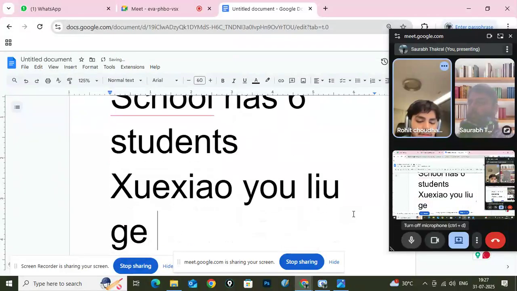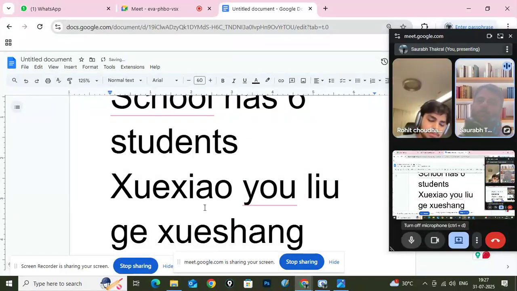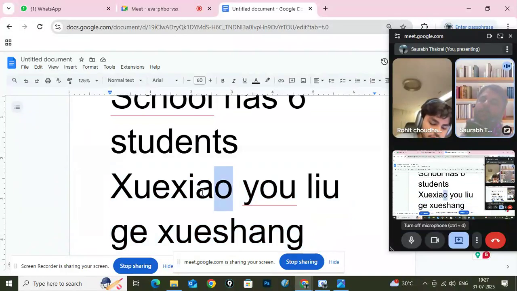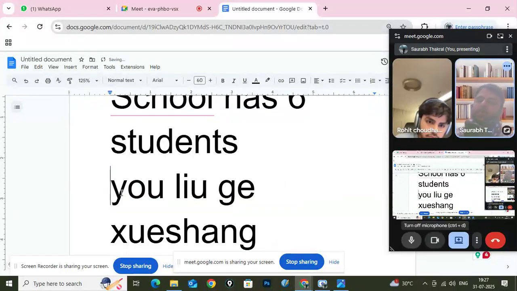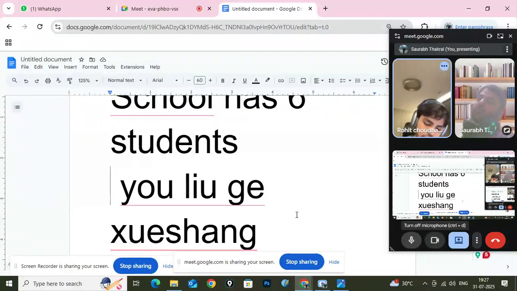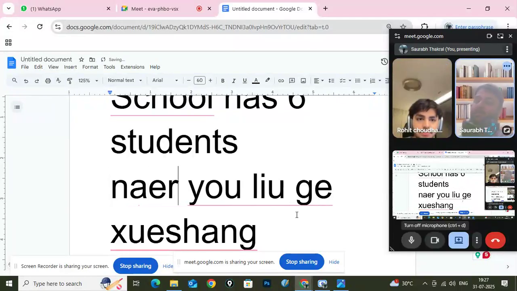Okay, so now we have framed this sentence like school has six students, but repeating school again and again would become difficult. So we have to replace school with there. So we just replace this xuexiao and replace it with there. What is there? What is here? No, here is zhe'r. Na'r is there.